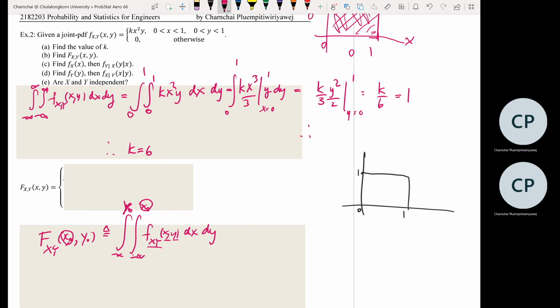This dx from negative infinity to x naught corresponds to this x naught. Okay? All right.